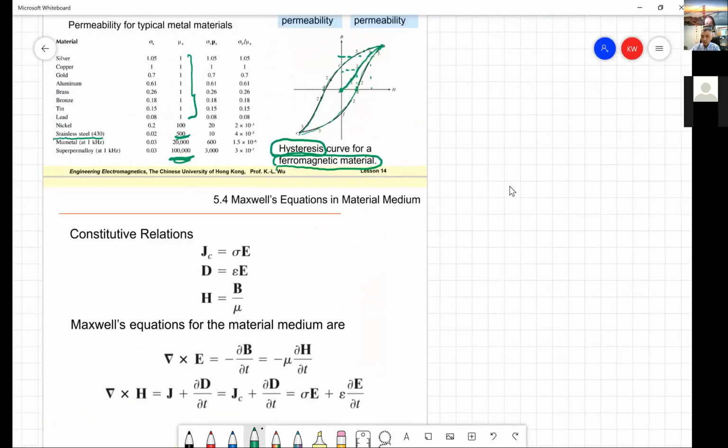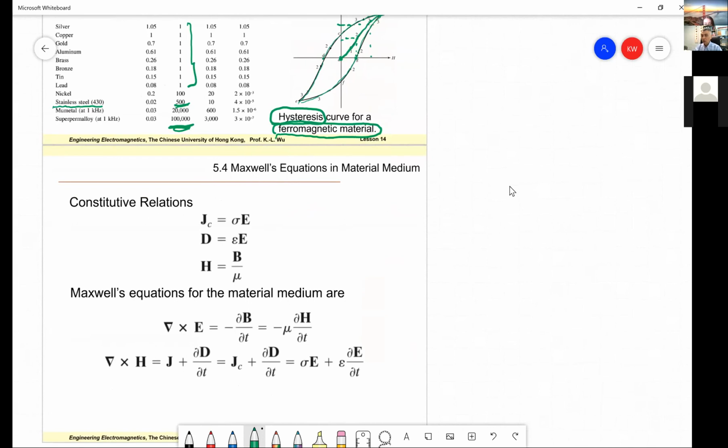Okay, in summary, we have Maxwell's equations in different media. We have Faraday's law, but now B and H are related by this.